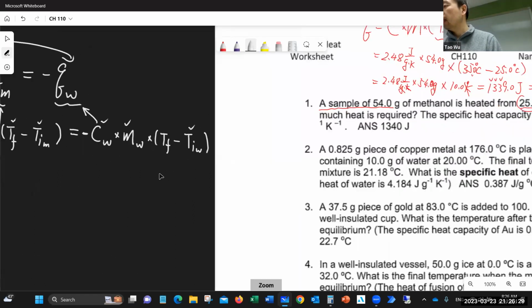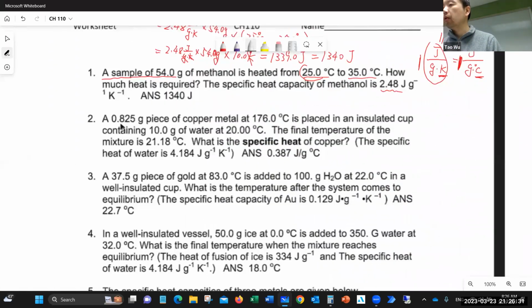Let's just look at the second problem. In this problem we have a piece of copper at a temperature of 176.0 Celsius. It is placed in an isolated cup containing 10 grams of water at 20 Celsius.